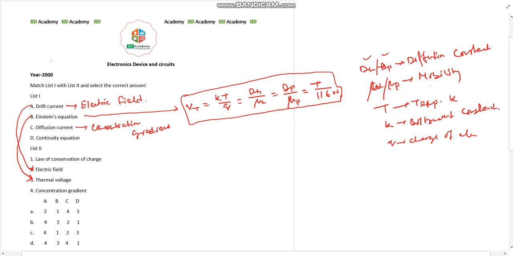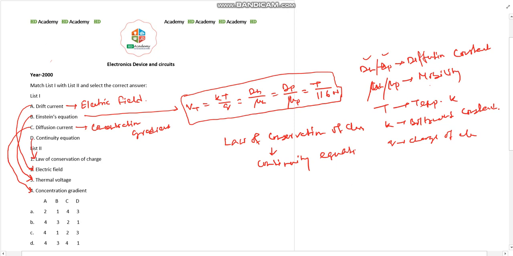And now the continuity equation: always remember, it is another name for the law of conservation of charge. So D is 1.